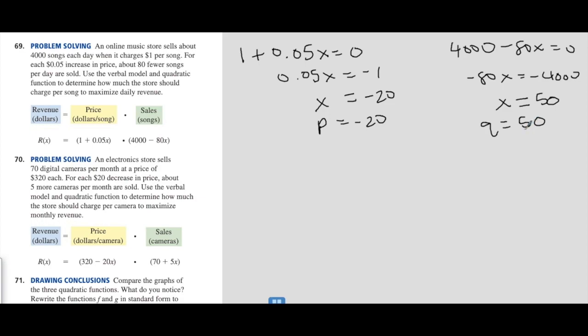Now again, we need to find the vertex. So to find the vertex, X is going to be P plus Q divided by 2, which is negative 20 plus 50 divided by 2, which is 30 divided by 2, which is 15.